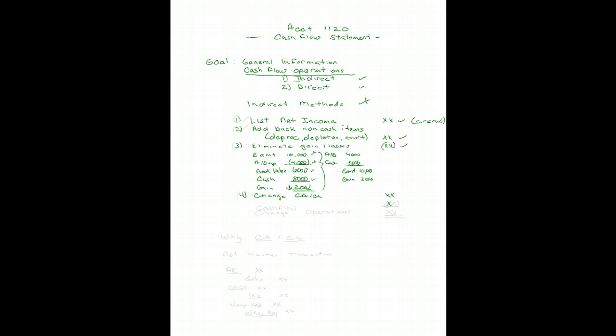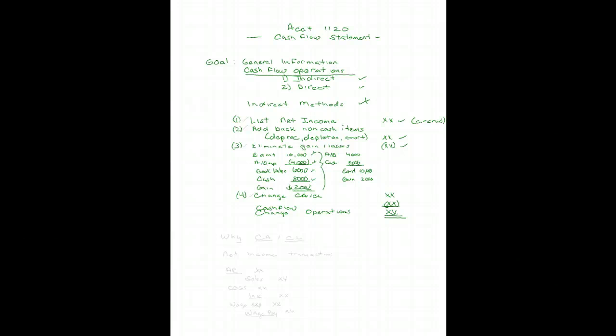So we'll adjust it for that, whatever that might be, and that will give us the cash inflow from operations under the indirect method. So to come up with cash flows from operations, there are a few steps. List net income, add back non-cash items, eliminate gains and losses, and then calculate the change in current assets and current liabilities. So that's how you do the cash flow from operating section.